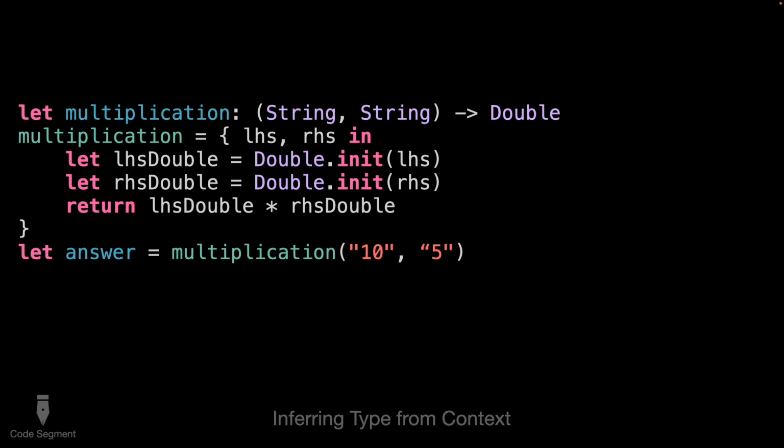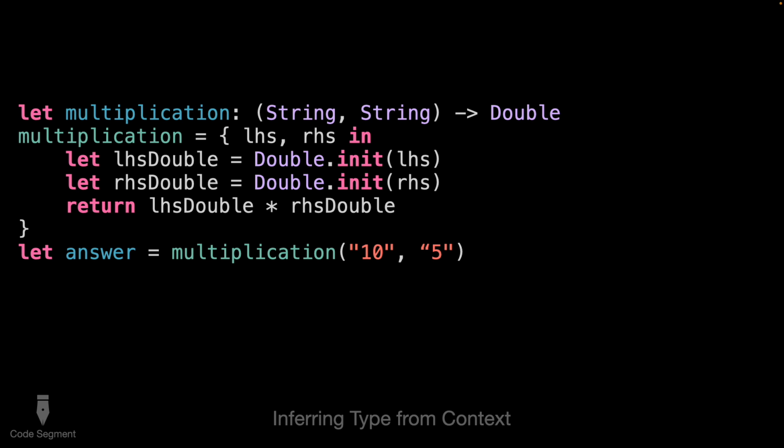So these parameter names have to be defined for our particular closure that we are creating. So in this case, we'll use LHS and RHS for left-hand side and right-hand side. We're going to perform multiplication. So we're bringing in two strings, we're going to cast them into doubles, and then we're going to multiply those doubles and return the result.